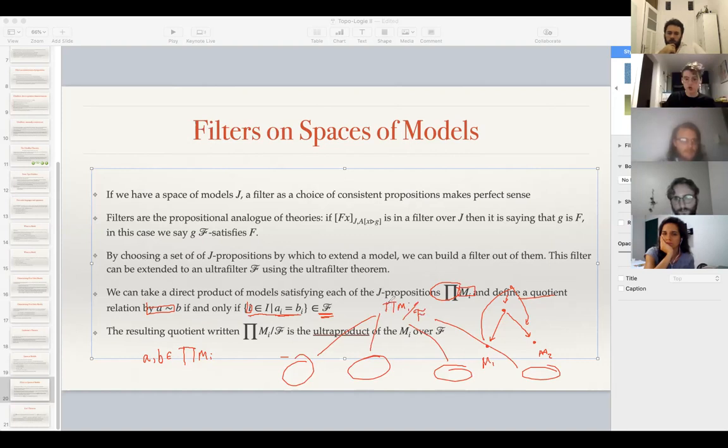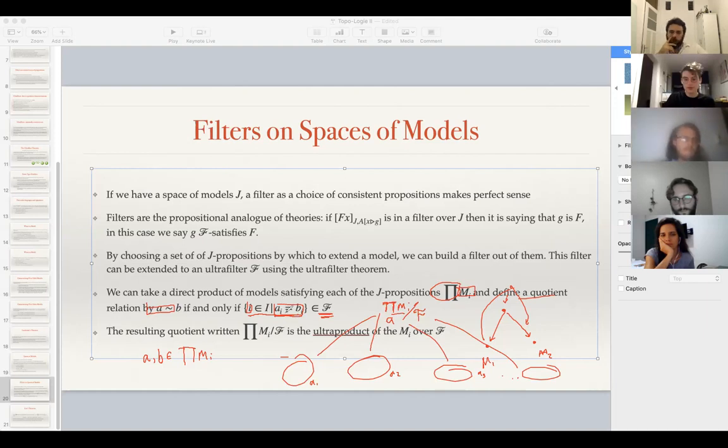Any two elements are going to be equal if their indices agree, because remember, this is a product, meaning that for each A, for example, there's going to be an A1, A2, A3, etc. These are elements from a bunch of models. So they're equivalent if wherever they agree is in the filter.